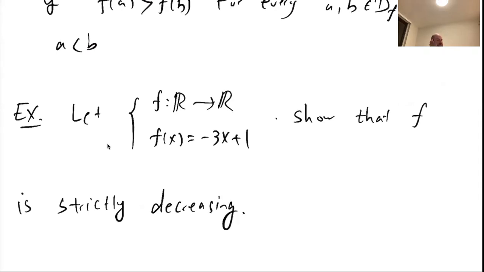How can I show that f is strictly decreasing? So first we have to think about it. Should we prove it with examples or with general proof? Here we want to show something holds, something is true. So our proof has to be in general.